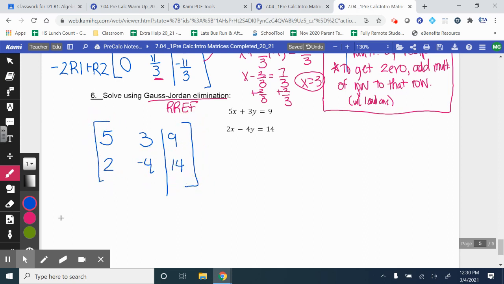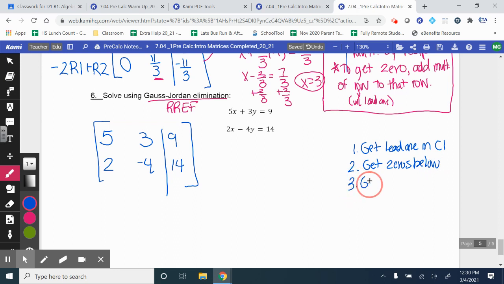That's our original matrix. Now, again, we want to get your lead 1 in column 1, then get zeros below.